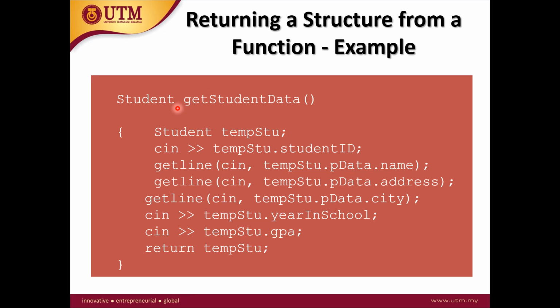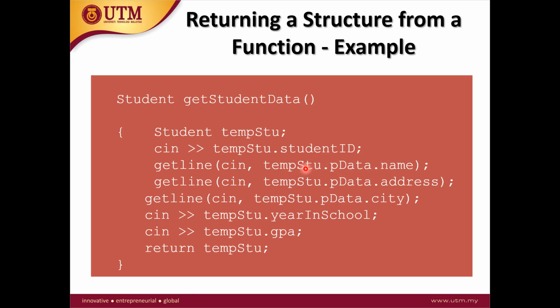And in this case, we've got this function, and we've got this tag name, and we are using it to access all the members of that structure variable, where you are entering data to the student ID, and this is going to be a parameter belonging to that structure which is inside this tag name.